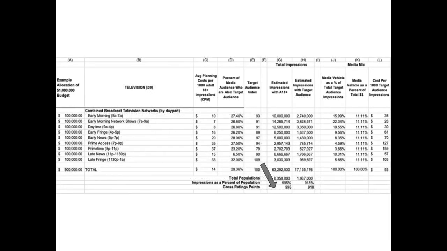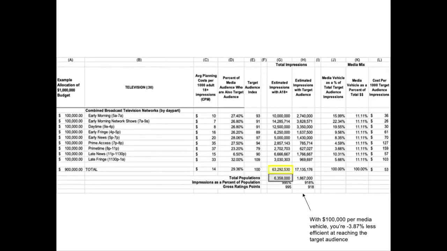Going back to the worksheet, you'll see all of these elements displayed. We've evenly distributed the example $1 million budget across all TV media vehicles as an example. Note at the bottom your buy has 995 adult 18 plus GRPs.